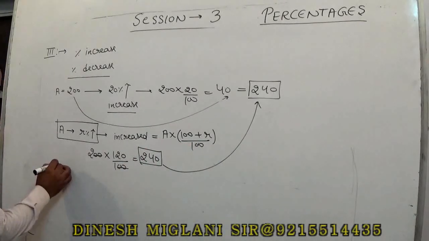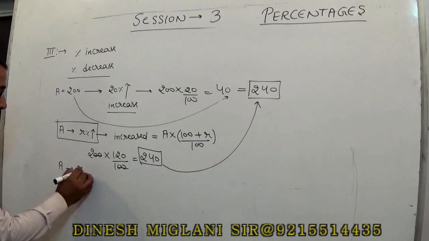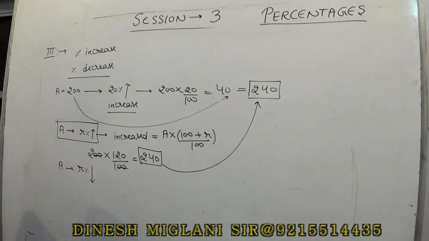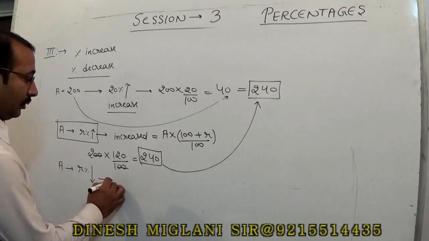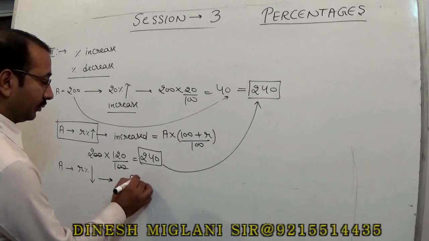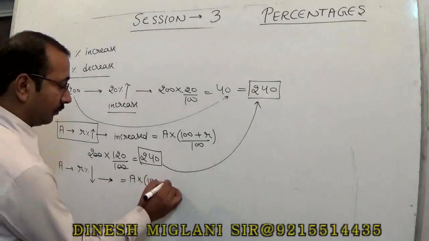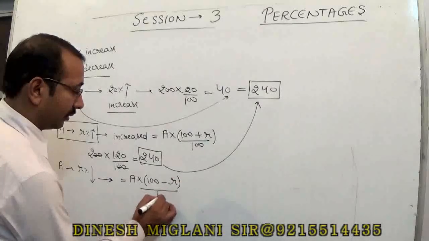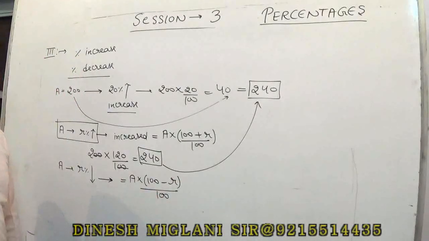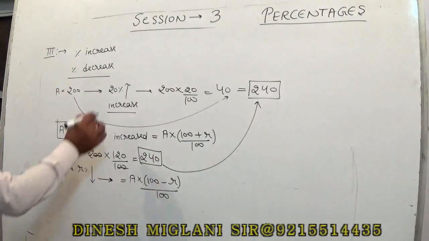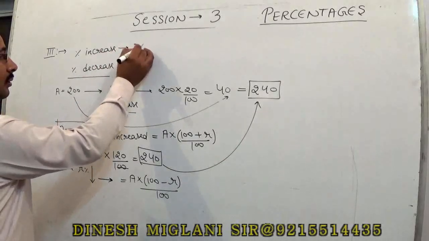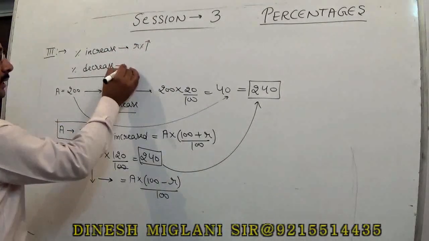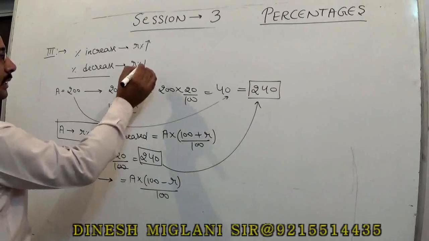If there is decrease, suppose A has to be decreased by R%. So what we will do? A into (100 minus R) divided by 100. That becomes our answer. So we have taken two formulas. First is for R% increase, second for R% decrease.